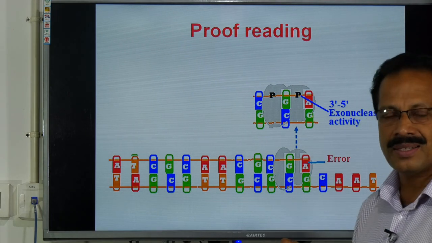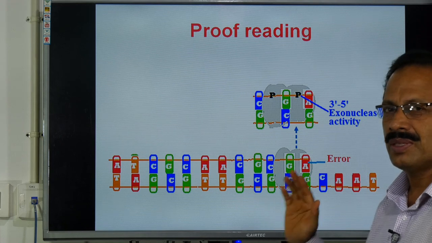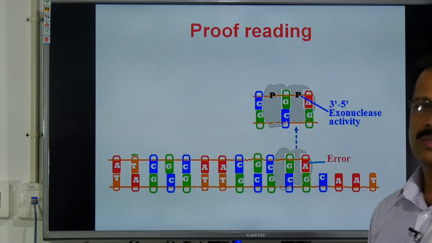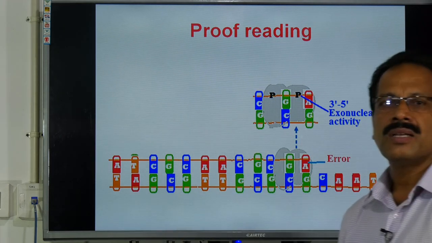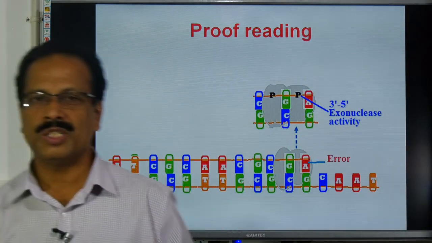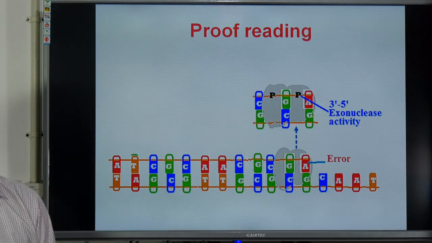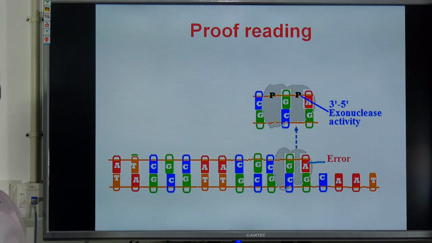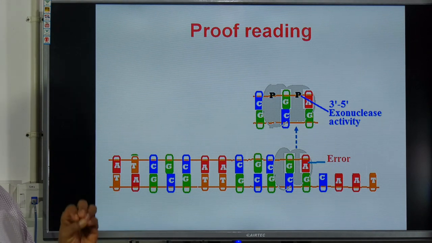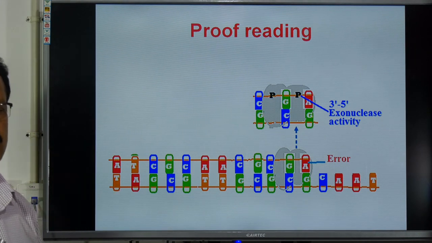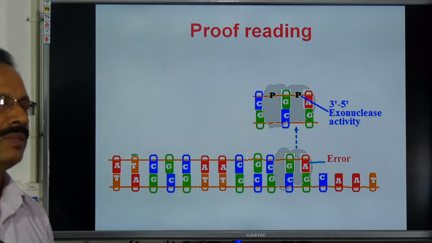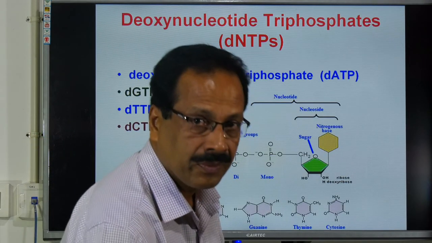The wrong base is added here. It goes back and cuts that phosphate bond, and that nucleotide is removed. So this proofreading activity is quite important. Now you can have enzymes where the error rate is almost nil. Such enzymes are used when you are amplifying genes for cloning.